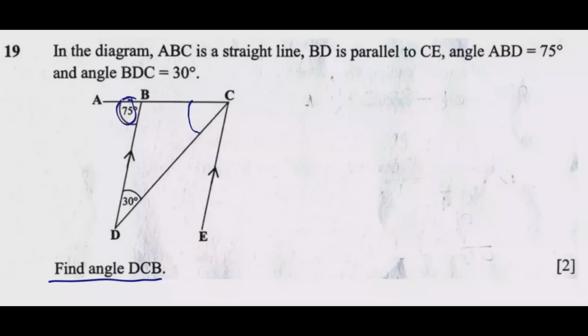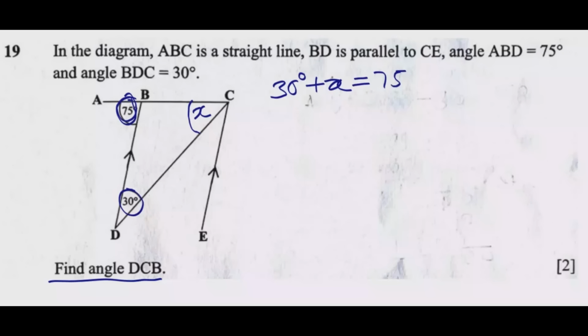So meaning if this is 75, then this angle 30 degrees plus this angle I'll call x should give us 75 degrees. That is the one where you're going to get the straightforward answer. So we mean to say that 30 degrees plus x should give us 75 degrees.